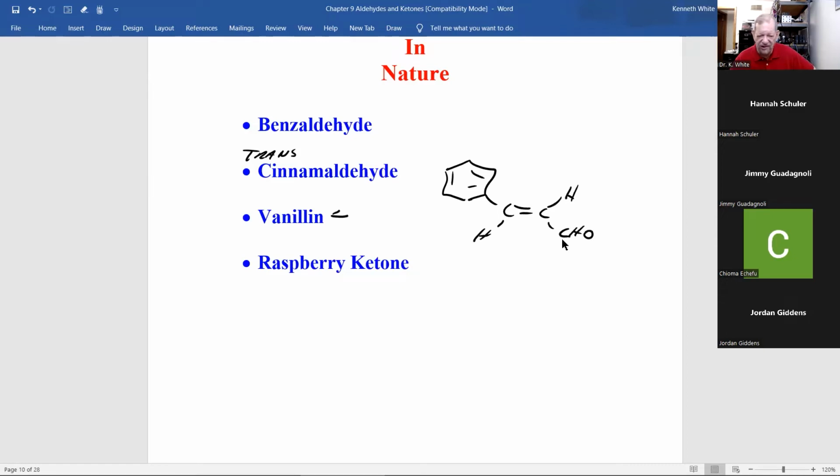And then vanillin, you learned, was an aromatic aldehyde with a hydroxyl group and an ether on the ring. And raspberry ketone. Dr. White loves raspberries. I'll show you the structure right now.